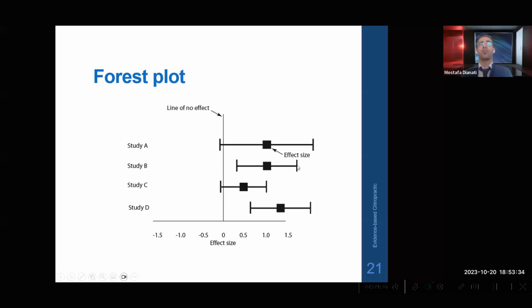This is our effect size. It can be OR or RR. This is the confidence interval, which means 95% confidence interval, that we are confident that the number can be between these 2 numbers.